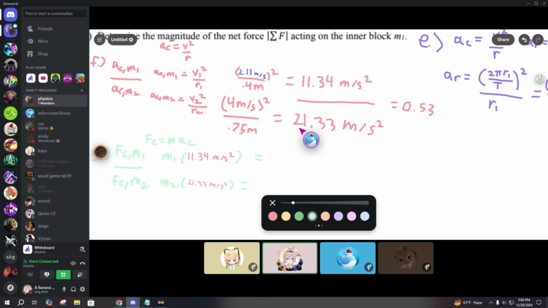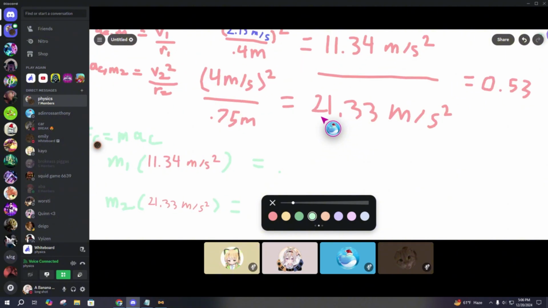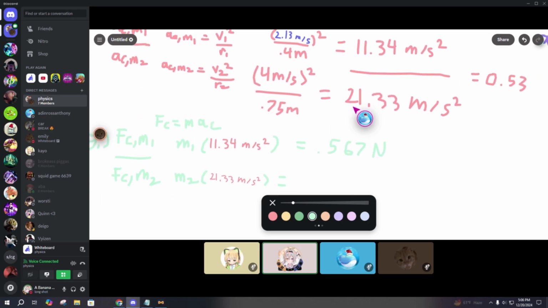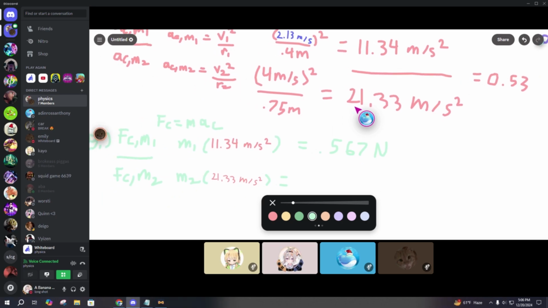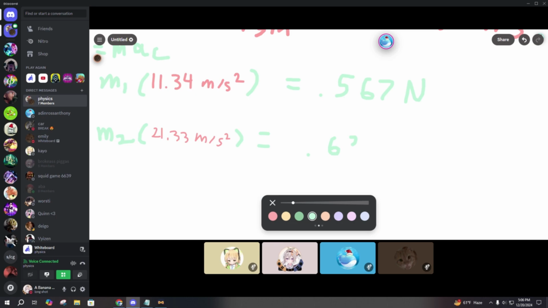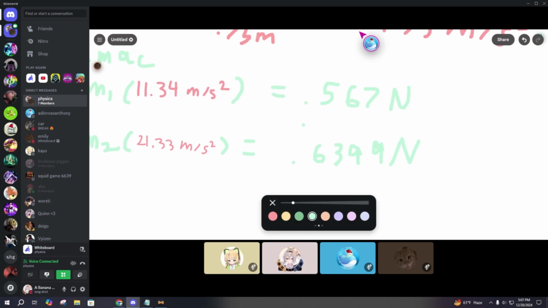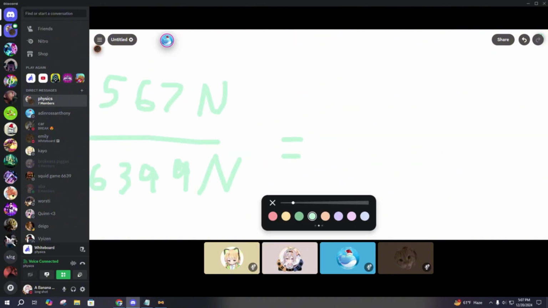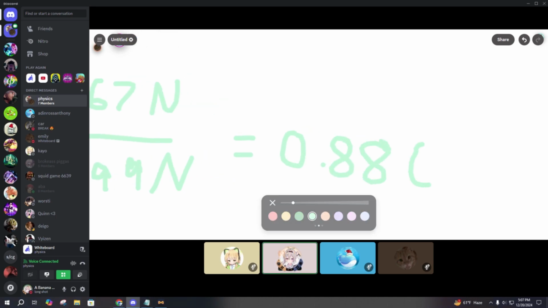So multiplying M1 with 11.34 gets me 0.567 units, and multiplying M2 with 21.33 gets me 0.6399 units. And that ratio is 0.886.